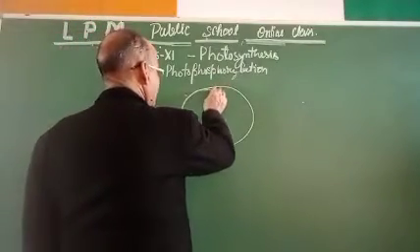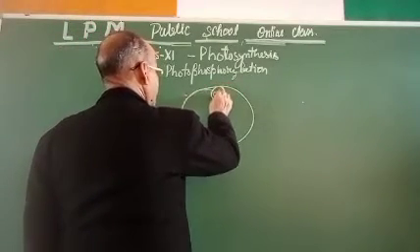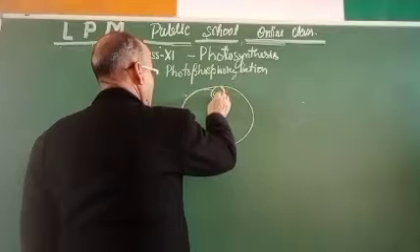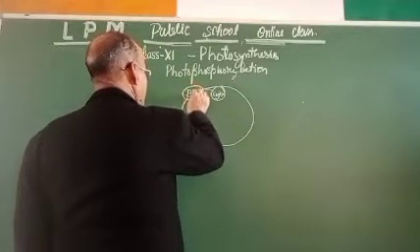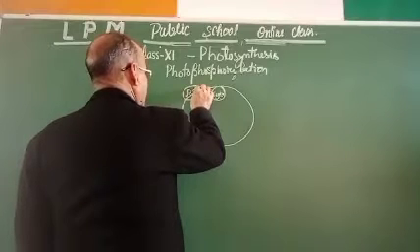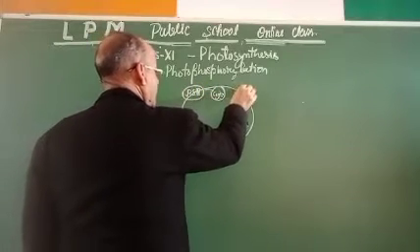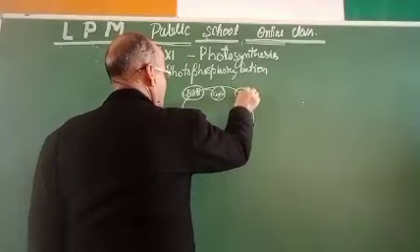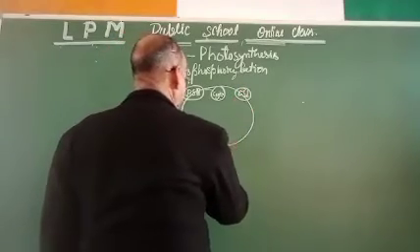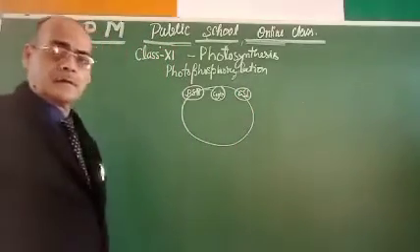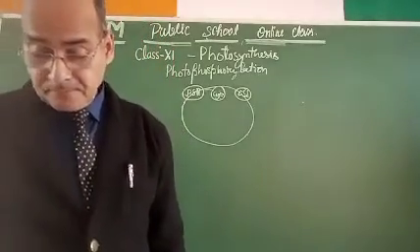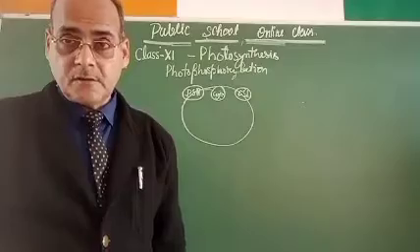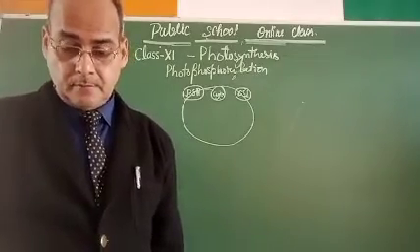So if this is the cytochrome electron transport system, this is PS2, and this is PS1, then there will be pumps, and these pumps are known as F0 and F1.